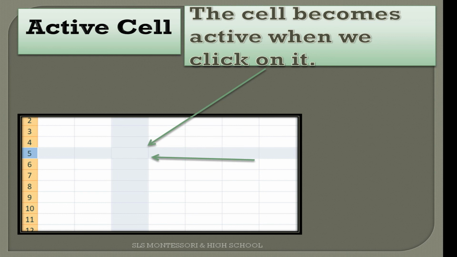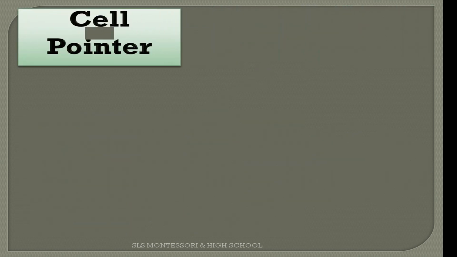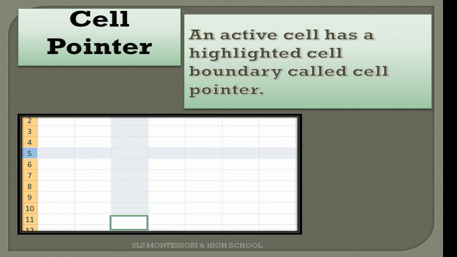And when the cell becomes active, we can enter the data in the cell. Now what is cell pointer? An active cell has a highlighted cell boundary called a cell pointer. And we enter the data in the active cell.